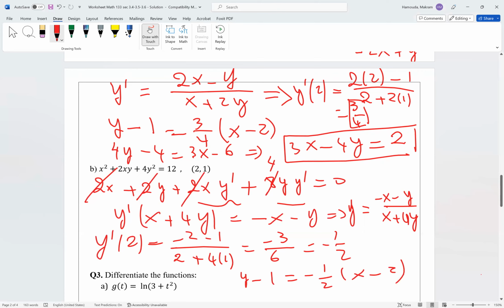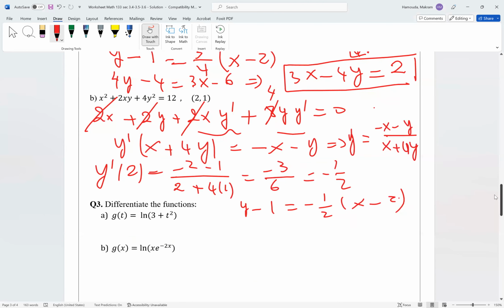So 1 multiplied by 2, 2y minus 2 equal to minus x plus 2. That means x plus 2y equal to, I move the minus x to the left and the minus 2 to the right, it will be equal to 4.